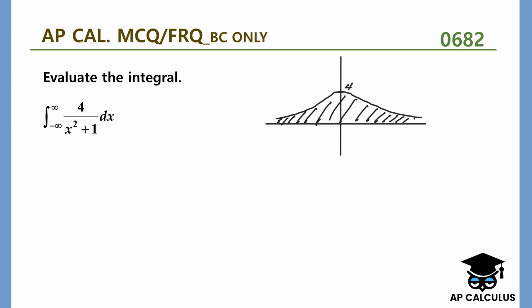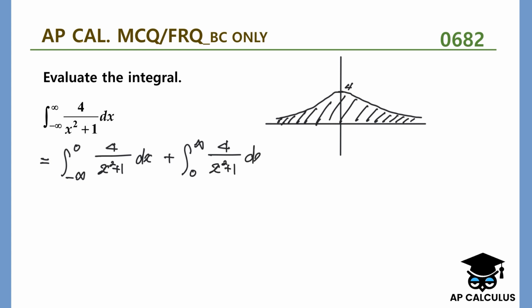As you see, both the left side and right side are not bounded. In this case, this improper integral must be written as the sum of two different improper integrals. It could be equal to the integral from negative infinity to 0 of 4 over x squared plus 1, plus the integral from 0 to infinity of 4 over x squared plus 1 dx.